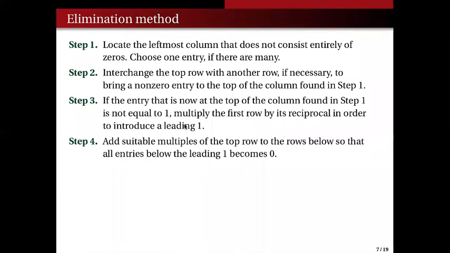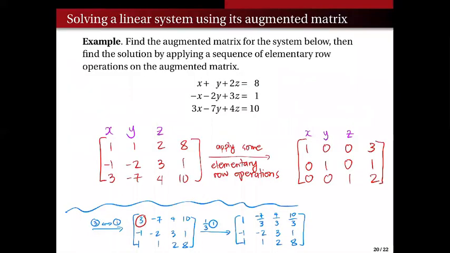Step 4. Add suitable multiples of the top row to the rows below so that all entries below the leading one become 0. So what does this mean? This entry here is a leading one. You need to add something to the second row and the third row using the first row, so that this -1 will become 0, and this +1 will become 0.